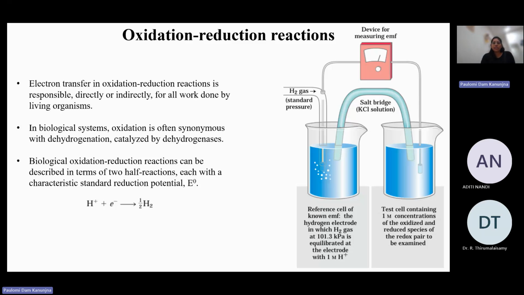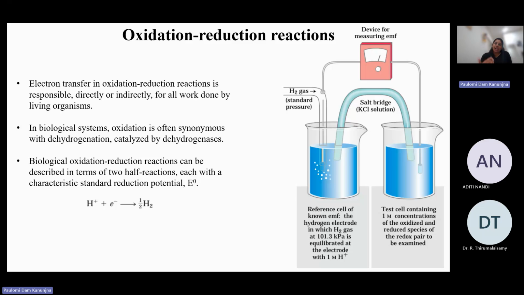So electron gain is basically reduction, and the opposite is oxidation, right? This is what we understand. More often than not, in a biological system, if you say oxidation, you are basically referring to dehydrogenation. Dehydrogenation is basically removing H. If a compound is removing H, there is another compound which is accepting H. So that one is getting reduced, and you are getting oxidized.